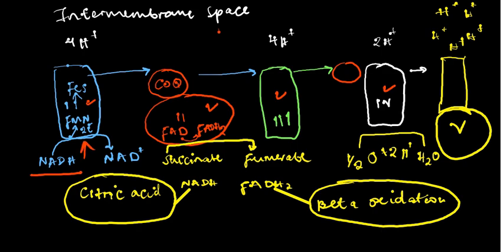All this is embedded in the inner mitochondrial membrane. Complex 1 contains iron atoms that are paired with sulfur atoms. Iron is Fe. It bears iron that's bonded to sulfur, as well as clusters of FMN.